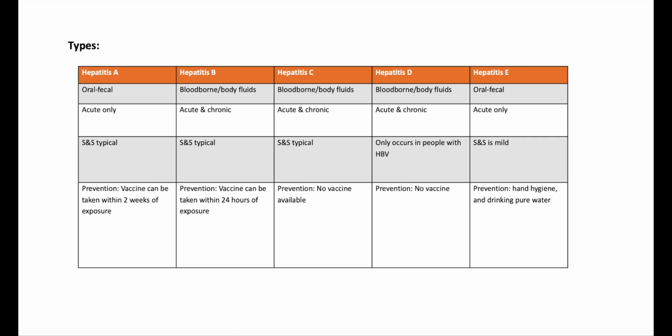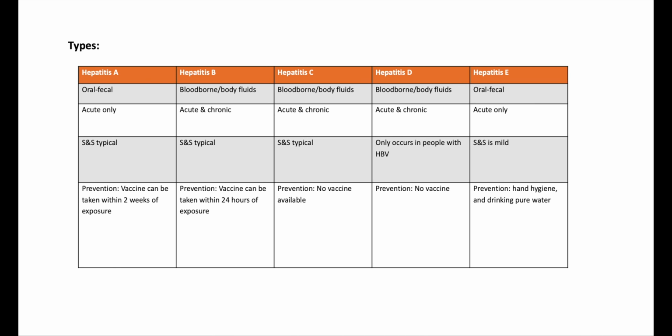However, hepatitis A can be contagious 2 weeks before the signs and symptoms present, or 1 to 3 weeks after. The signs and symptoms are the typical signs and symptoms of hepatitis. Prevention: the vaccine can be taken within 2 weeks of exposure.